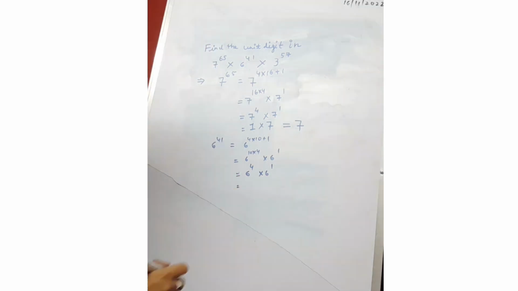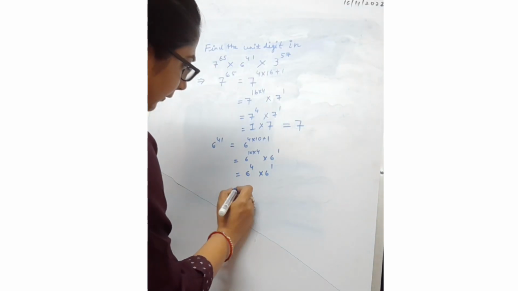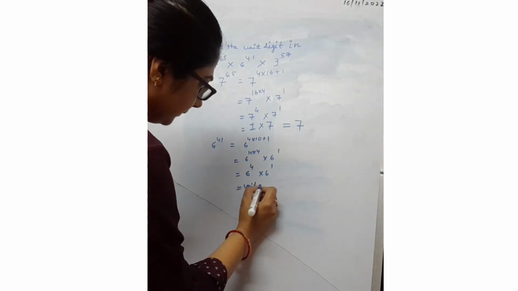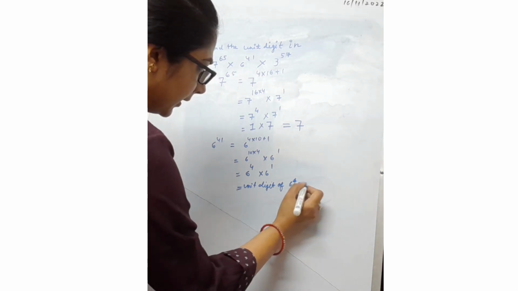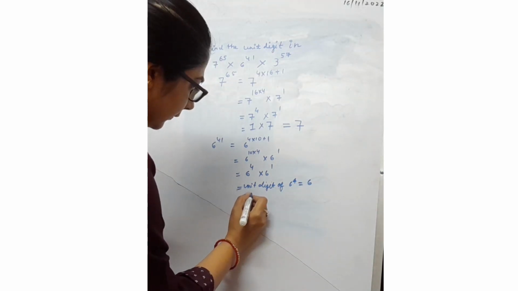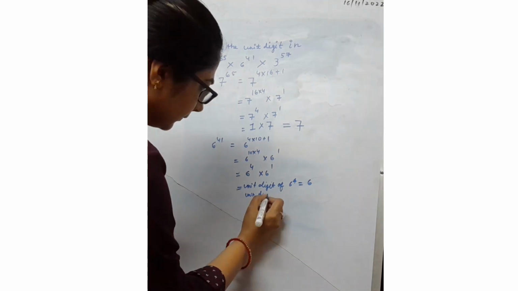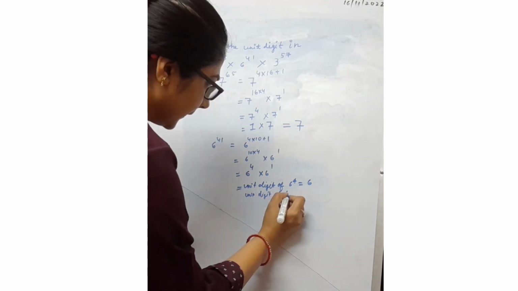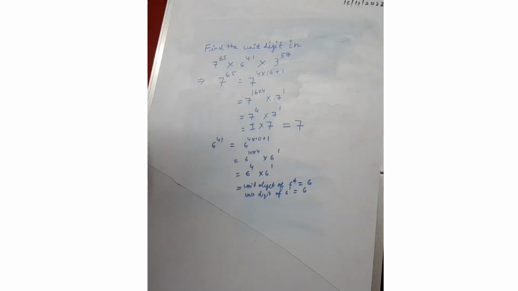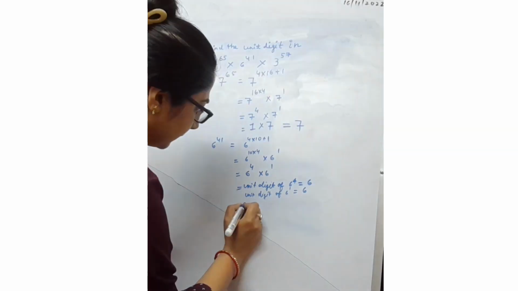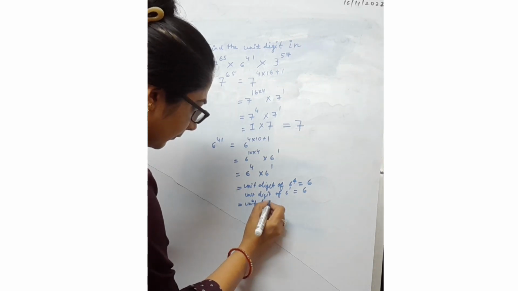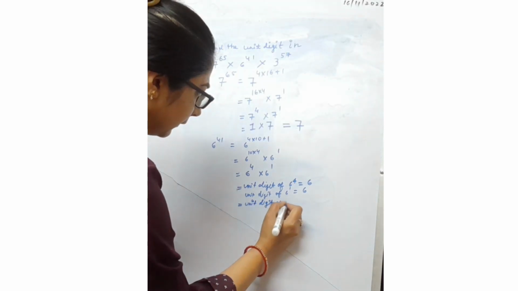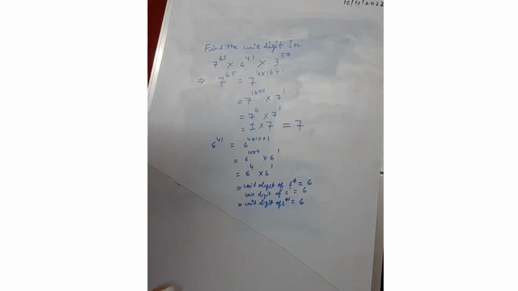The unit digit of 6 to the power 4 is 6, and the unit digit of 6 to the power 1 is 6. If we multiply 6 into 6, we get the unit digit 6. Unit digit of 6 to the power 41 equals 6.